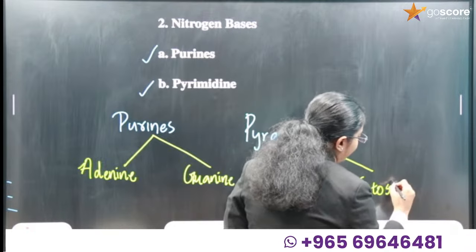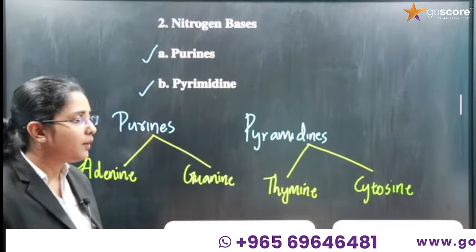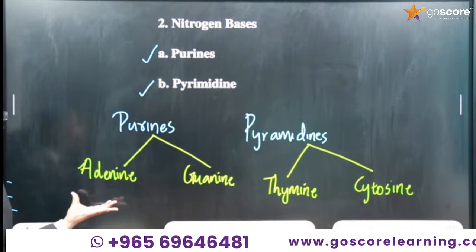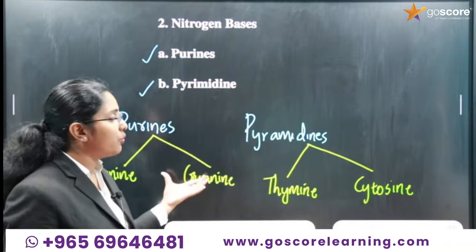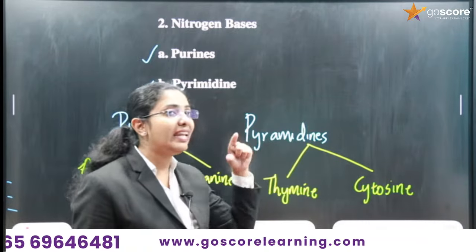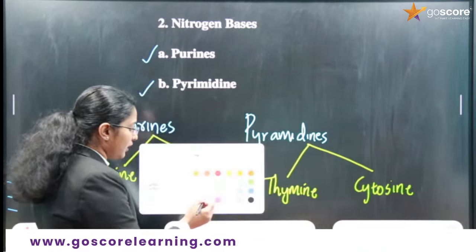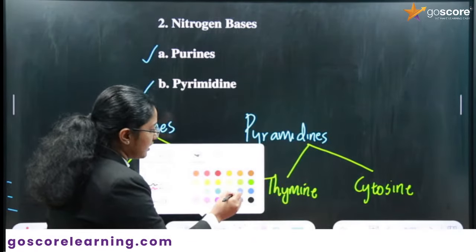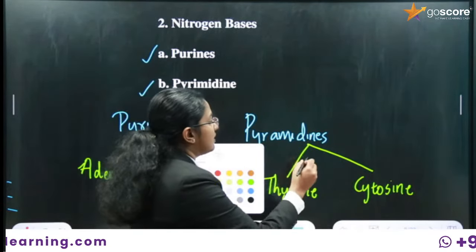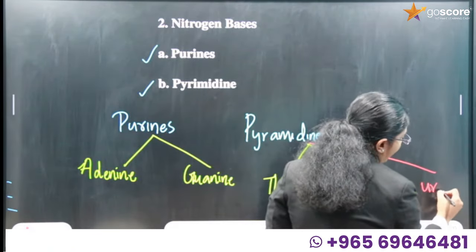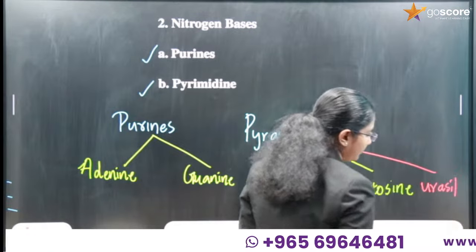See, we have to learn new different names, so be thorough with the names. If you're considering purines, adenine and guanine are the purines. If you're considering pyrimidines in DNA, it will be thymine and cytosine. Whereas in the case of RNA, this thymine is replaced by another one, that is uracil.